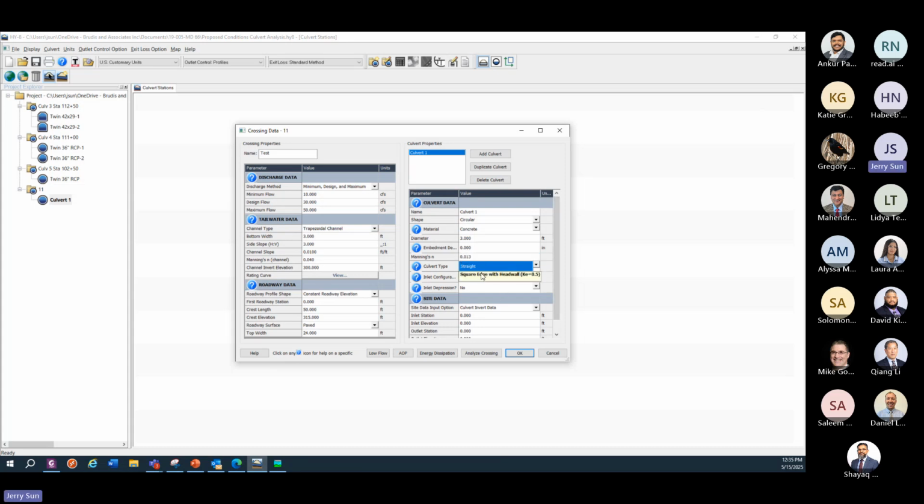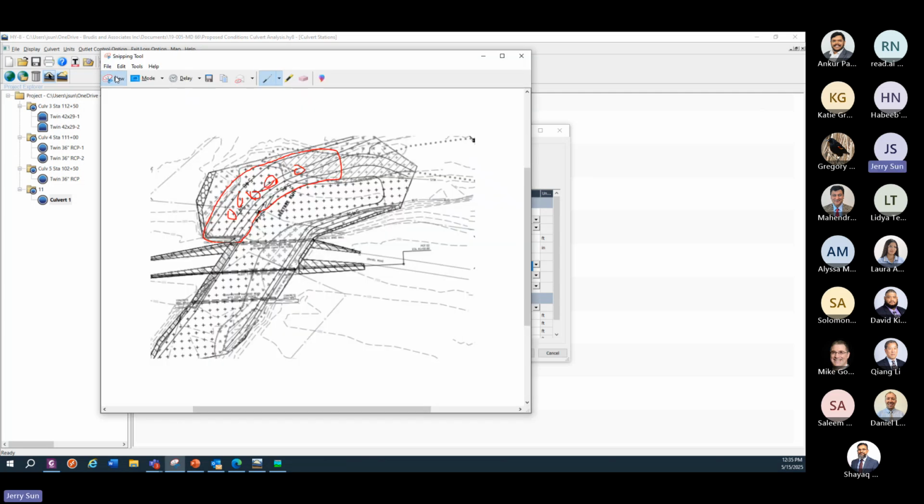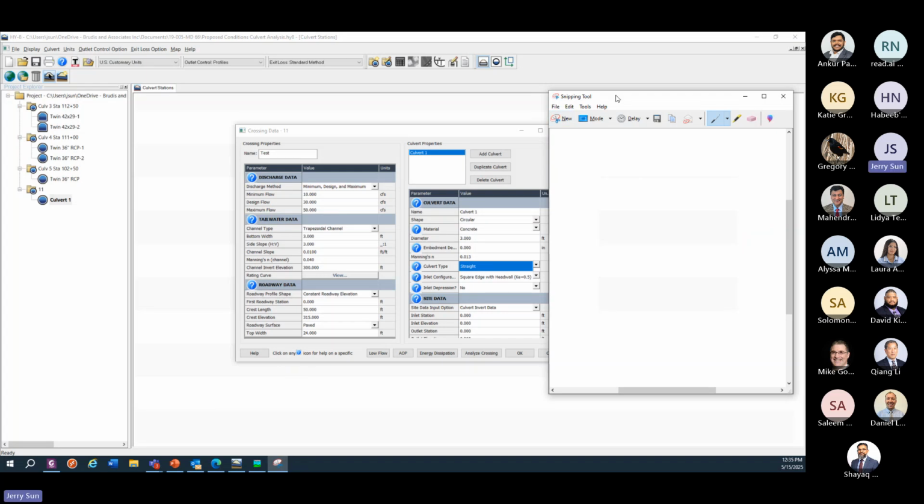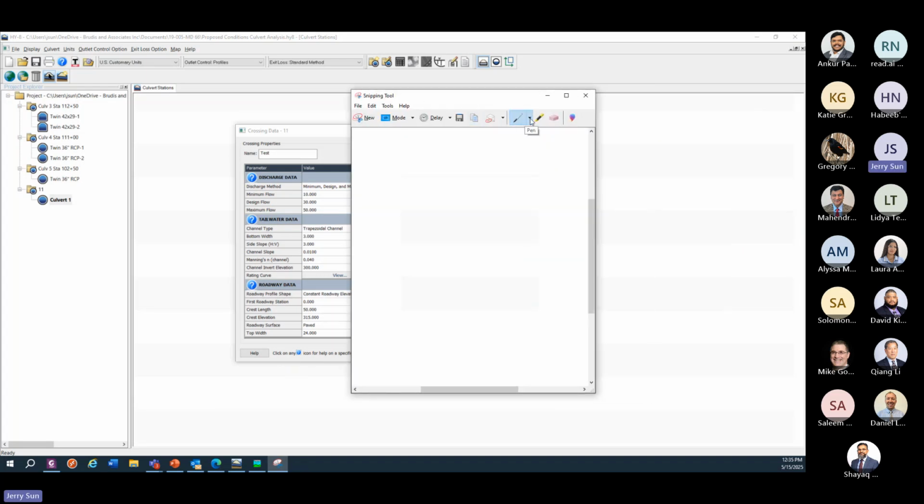So why is it called street? Let me snap. Basically, when we design, this is a roadway, and we have a cover here, the street cover.